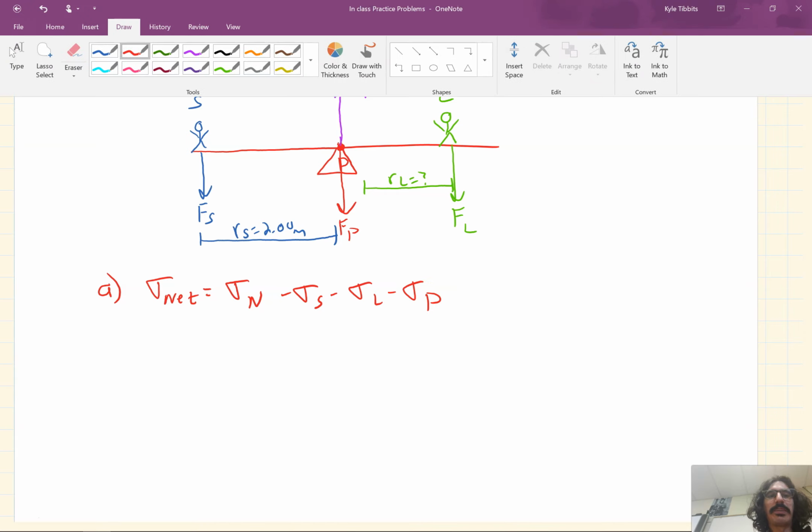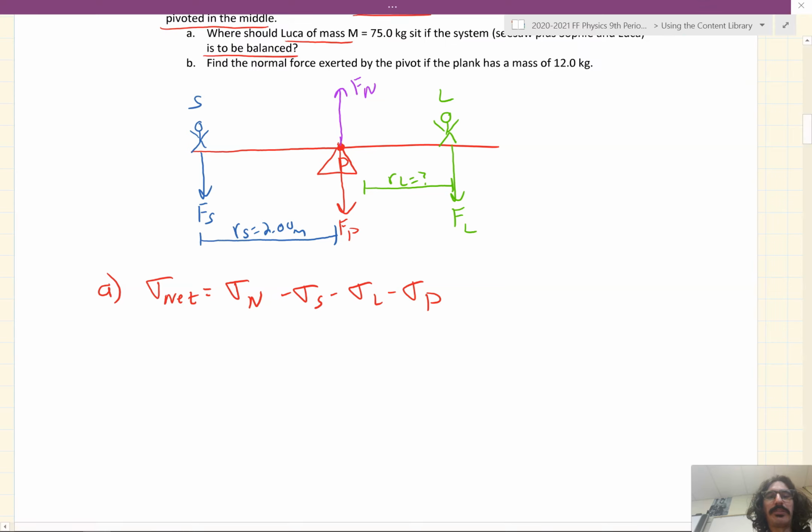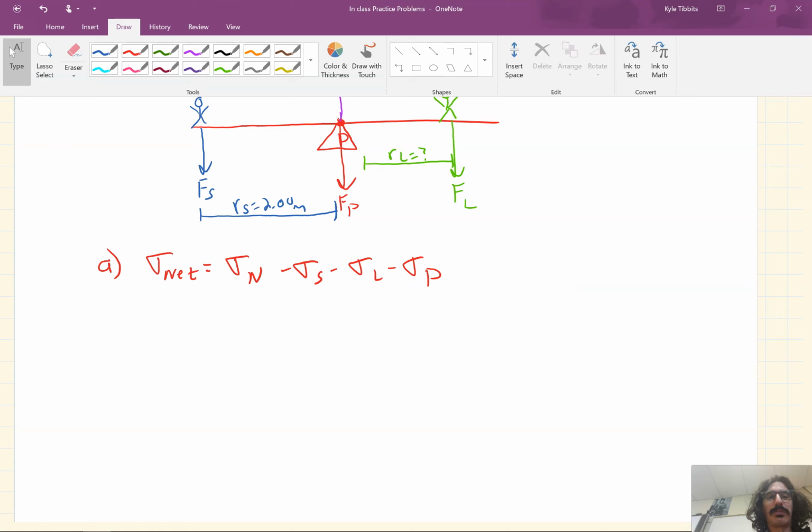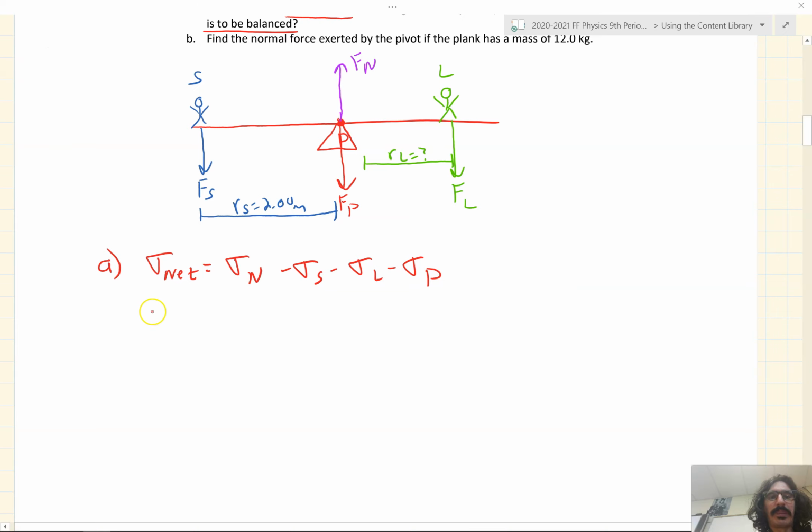Now let's expand these into the torque formula, which is the force times the distance from the point of rotation. We want this balanced, so the net torque will equal 0 Newton meters.